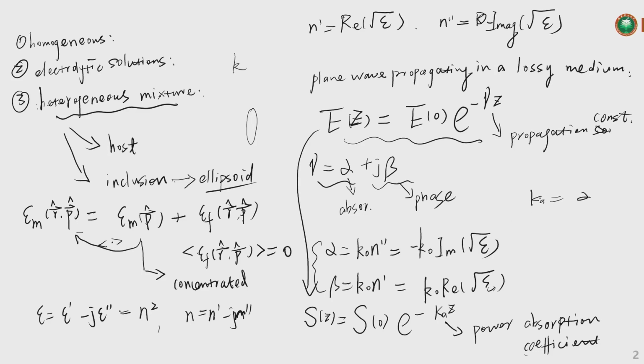It is related to the square of the electric field, so it equals 2 alpha, all right? So e to the minus alpha zeta squared equals e to the minus 2 alpha zeta equals e to the minus kappa A zeta. So kappa A equals 2 alpha.